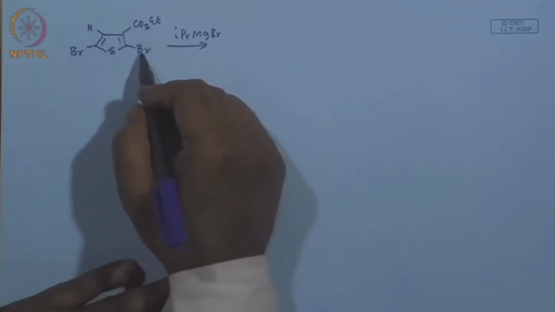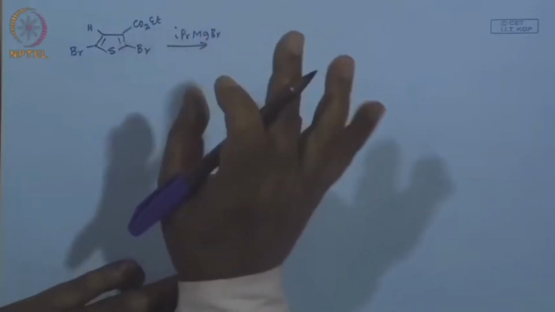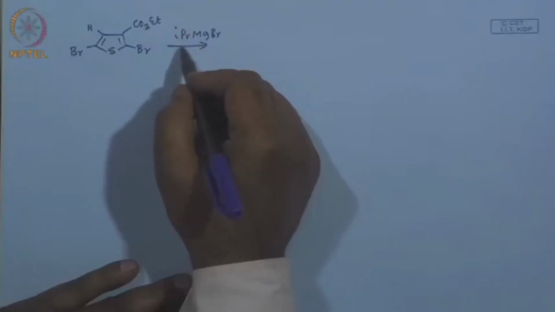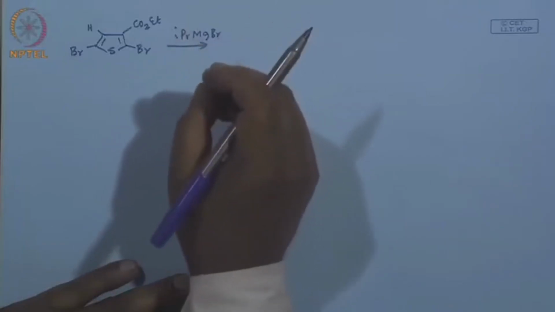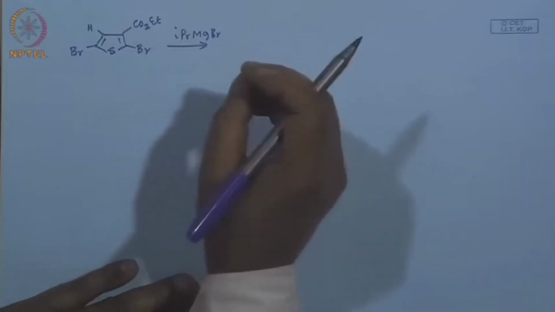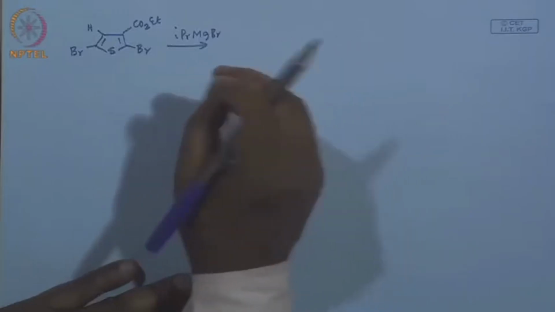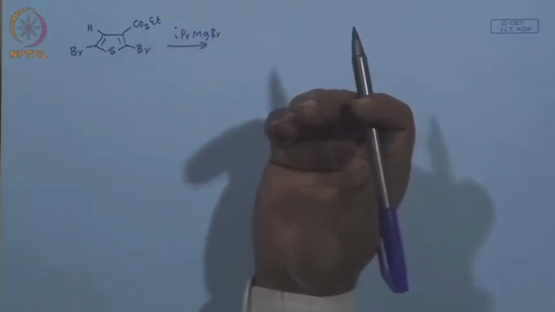okay. It can do halogen exchange, it can attack the ester, because from school we have been learning that organomagnesium means it will react with an ester to form the corresponding ketone or alcohols, right. But just by proper choice of organomagnesium, in this case it is a little bulkier. So, you are rather directing the reaction to either deprotonation or halogen exchange. Deprotonation and halogen exchange often compete with each other in terms of the rates. So, now you can guess which one is likely to be removed.